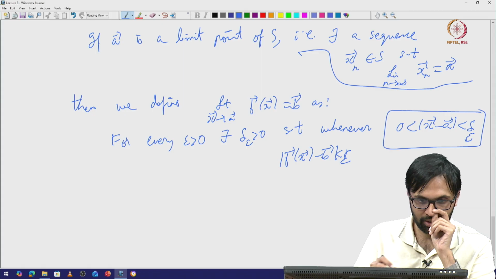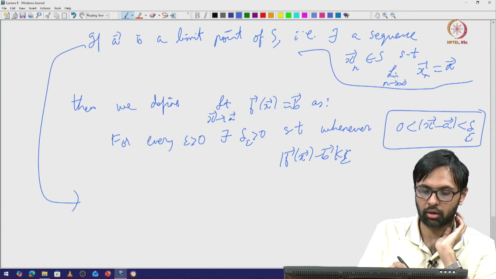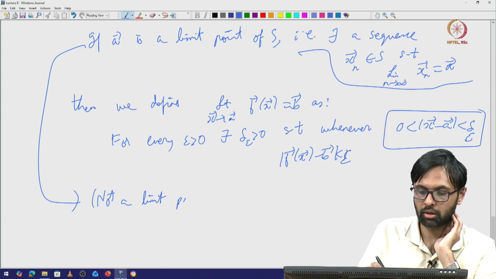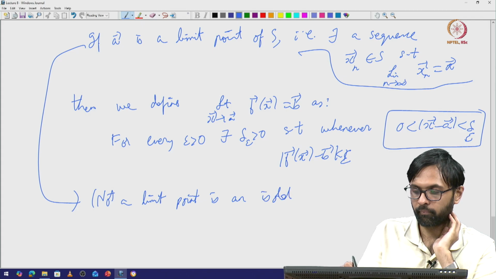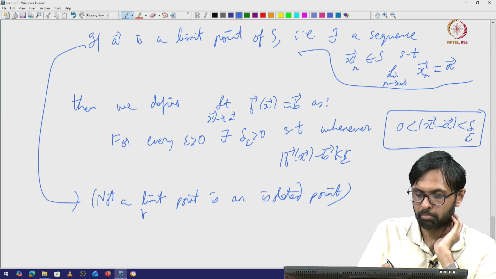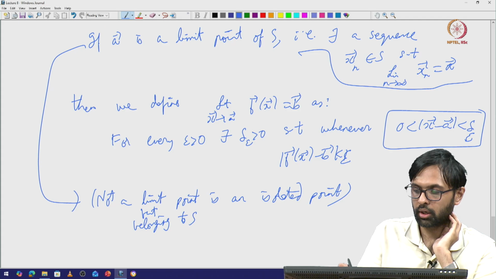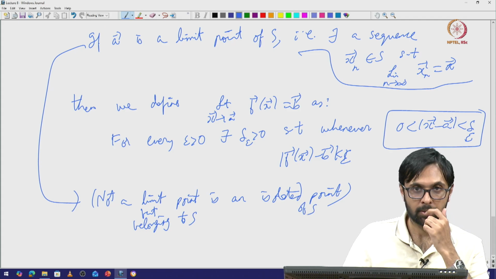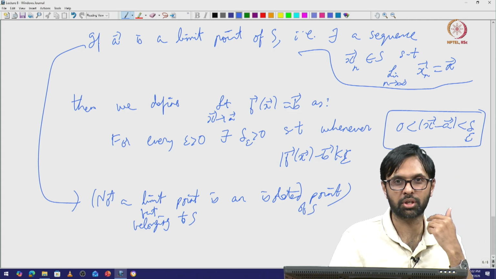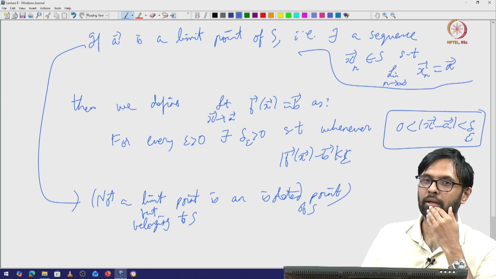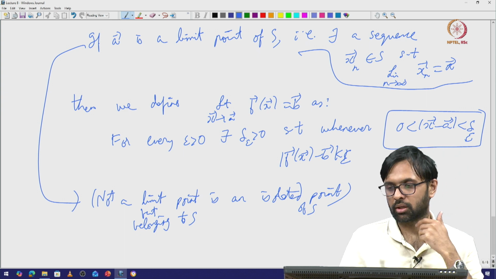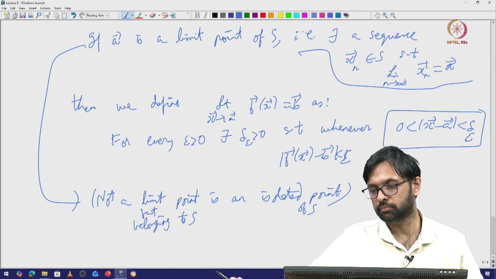If this doesn't happen, if A is not a limit point but belonging to S, it is called an isolated point of S. So for isolated points, the notion of a limit is problematic. It's not a good definition rather.